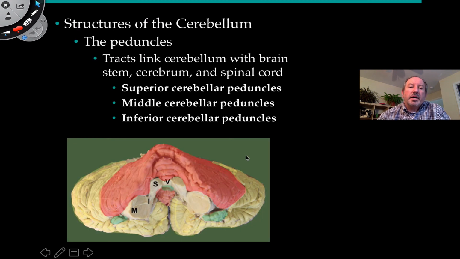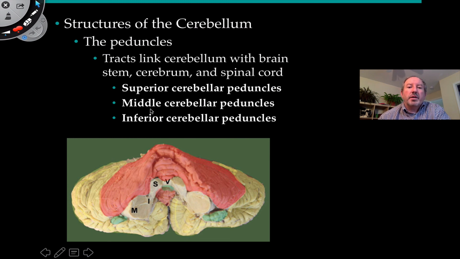And so a couple of maybe not as interesting, I shouldn't say that, but important structural areas of the cerebellum are these peduncles, which carry tracts of neurons that connect the cerebellum to other portions of the brain, fairly significant, to the brain stem, the cerebrum, I should say, and spinal cord.